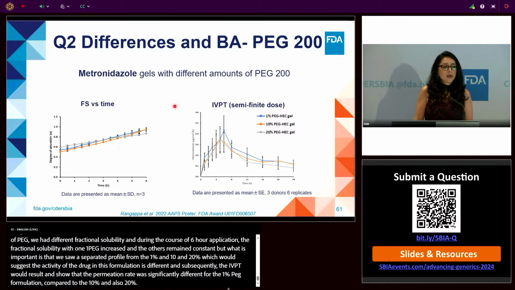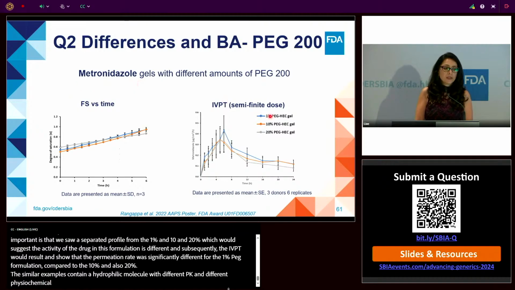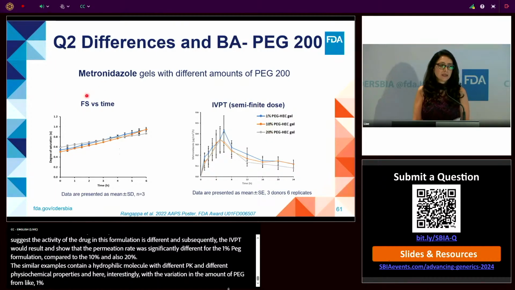Similar experiments were conducted with HEC gels that contained metronidazole. This is a hydrophilic molecule with different pKa and different physicochemical properties. And here, interestingly, the variation in amount of PEG from 1%, 10%, 20% did not result in significant differences in fractional solubility at time 0 and also during the course of 6 hours.